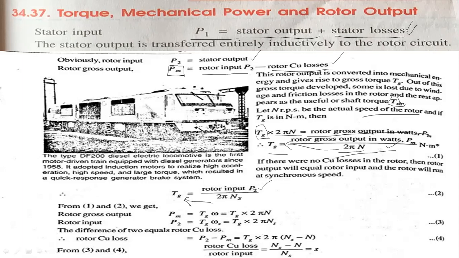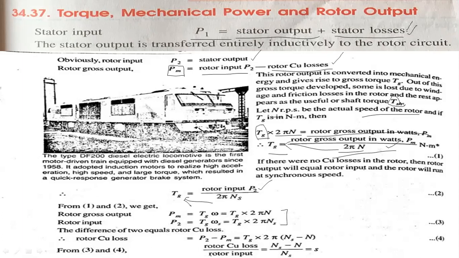So from this, the difference of the two, the rotor input P2 and the output Pm, is nothing but the rotor copper loss. We are getting P2 as input and Pm as output, and in between there is rotor copper loss. So from the rotor input P2 we subtract the rotor copper loss and get the rotor output Pm.